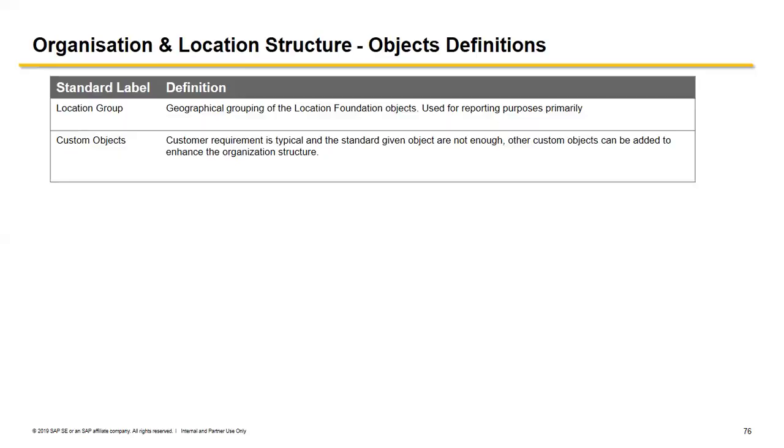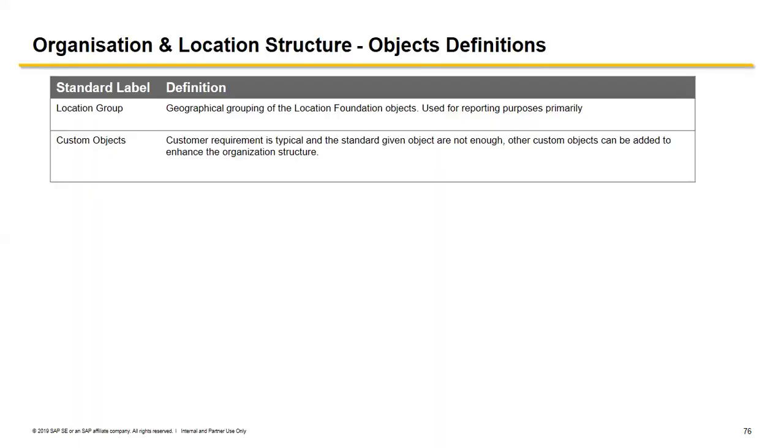Within India, we operate from 100 locations in different places, so I want to group them by region: east, west, north, and south. Create location groups called east, west, north, and south, and while creating a location, you tell the system which group the location belongs to.